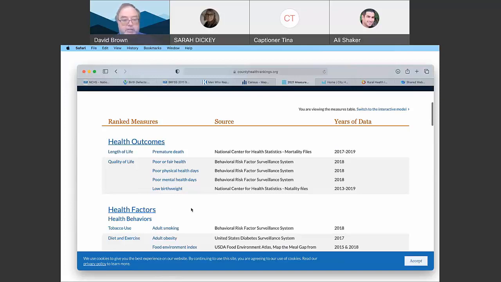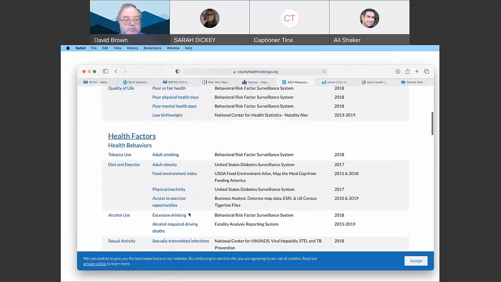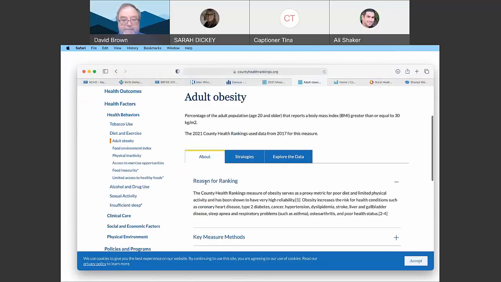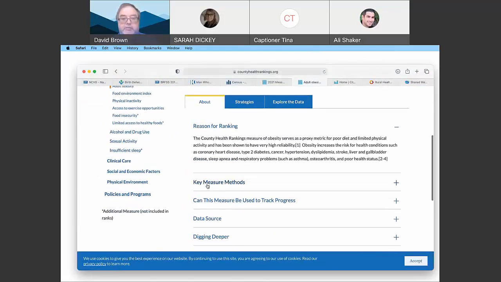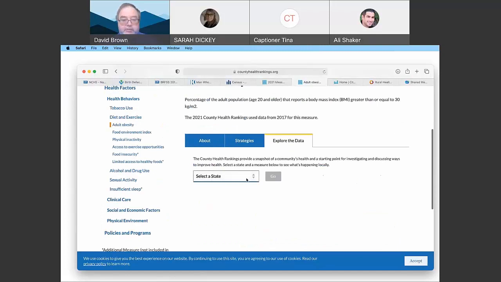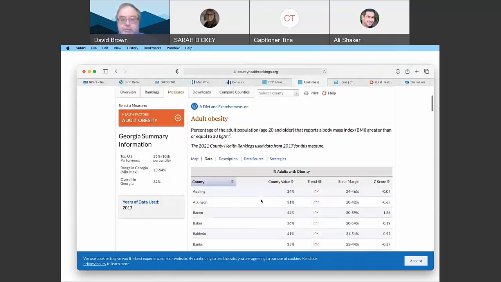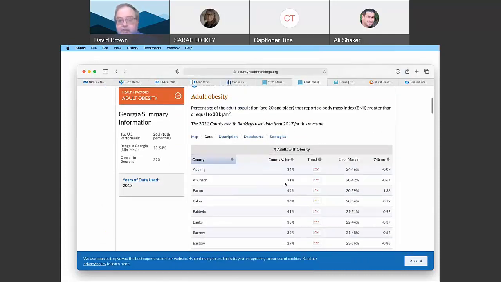So we can look at, for example, adult obesity, and explore your data, go by state. So you can say Georgia, for example. It breaks it down by county, what the trends are, what's going on here.